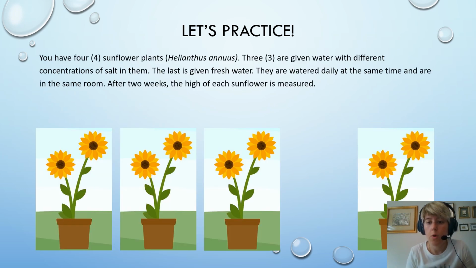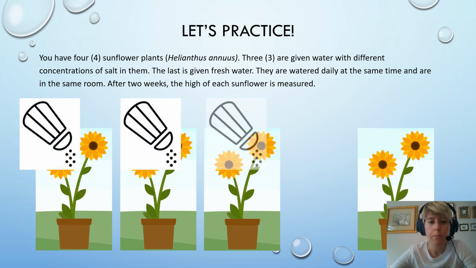Okay, so again, what I'd like you to do is to pause the video, read this scenario, and then try to figure out what the problem, what the control, what the independent and dependent variable in this scenario is. But I'm just going to read it for you before you pause. So you have 4 sunflower plants. 3 are given water with different salt concentrations in them.